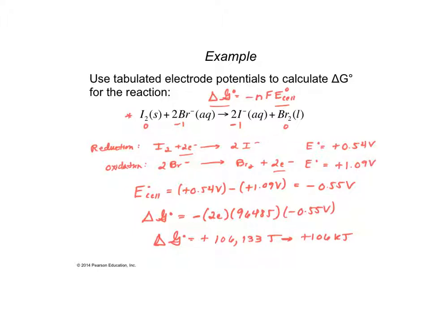Okay, so 2 steps. You've got the actual reaction, you need to figure out the cell potential, and then utilize that to figure out delta G.